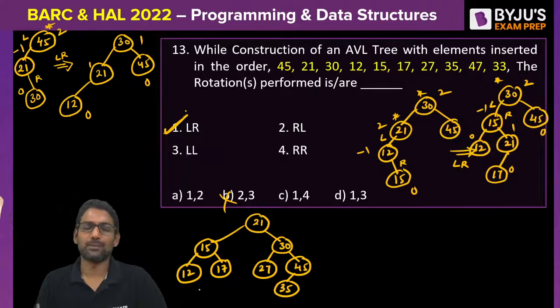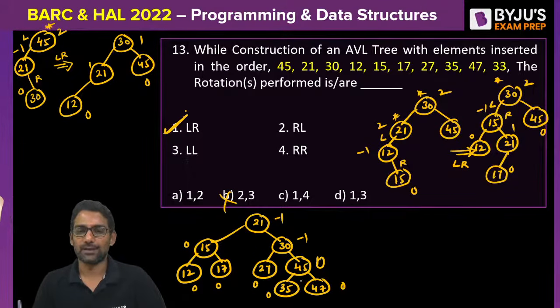So if you find out the balance factors, 0, 0, 0, 0, 0, 1, -1, 2, -3, -1, still balanced. 47, still balanced. So 33, where you insert 33, as left to 35 you will insert.